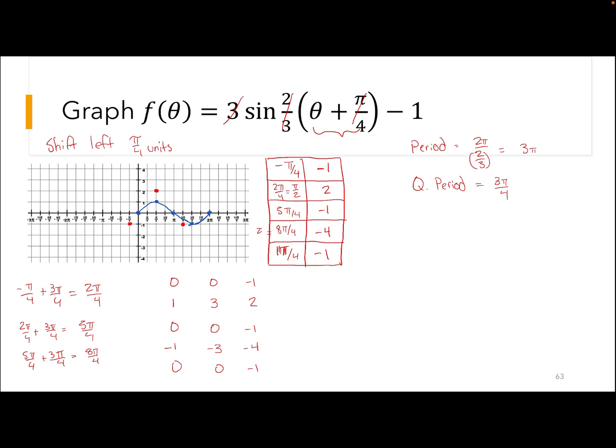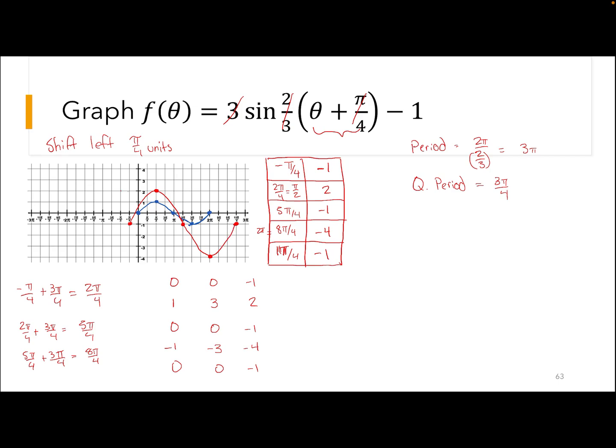At 8 pi over 4, that's the same as 2 pi. We need to be down at -4. So at 2 pi, we need to be way down at -4. And at 11 pi over 4, we need to be back at -1. So we get a sine wave that looks something like this.